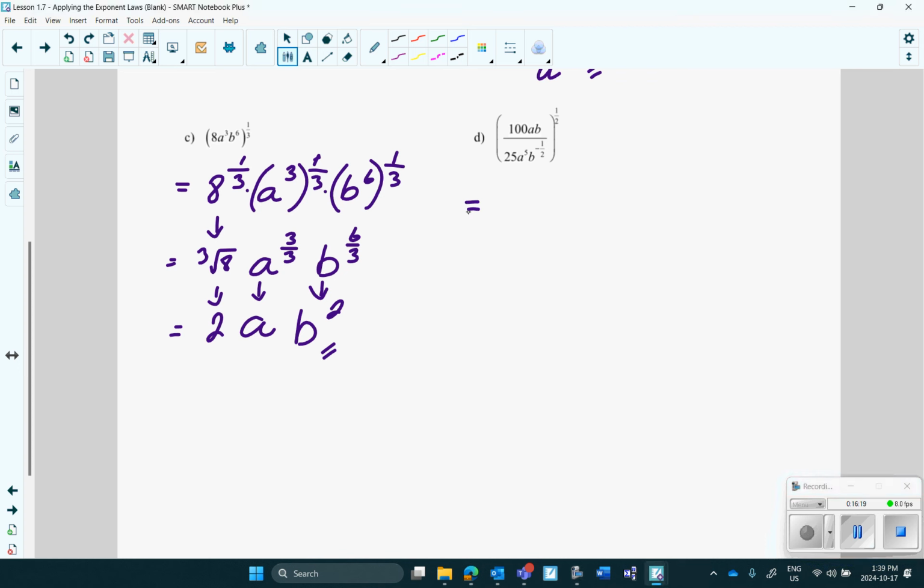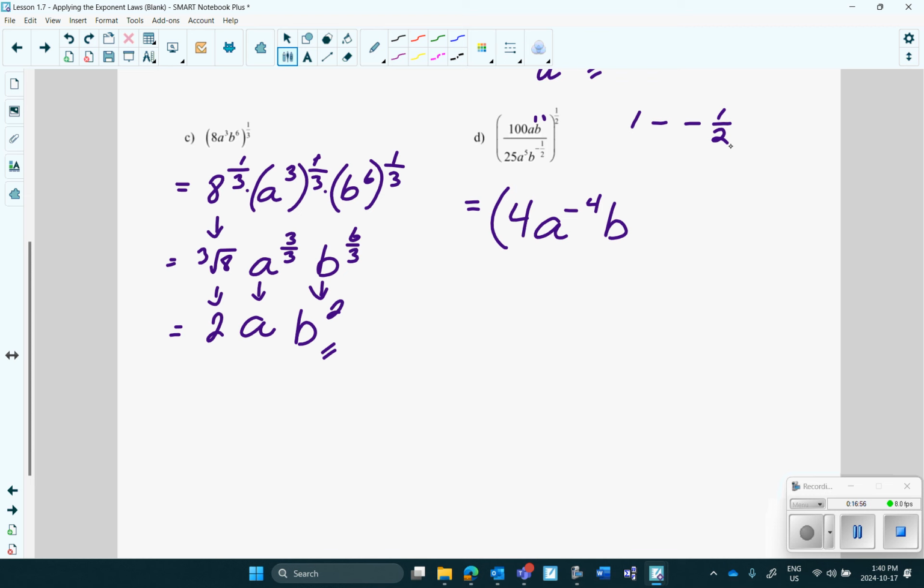Okay. So remember, a and b up top are a to the first and b to the first. So 100 divided by 25 is 4. A to the first divided by a to the fifth is A to the -4. Here's the one where it's a little tricky. It's 1 subtract -1/2.